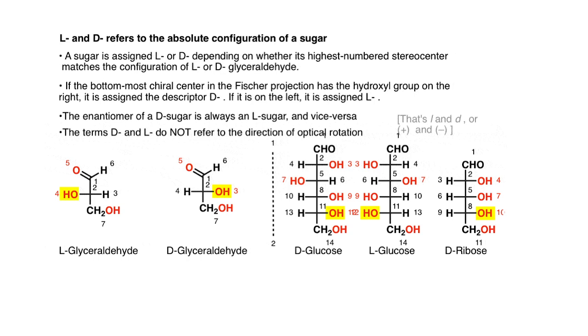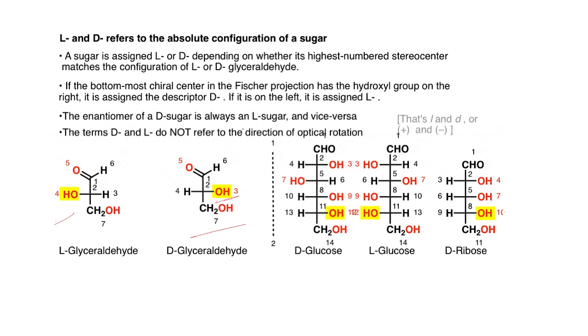Okay. If the bottom-most chiral center in the Fischer projection has the hydroxyl group on the right, it is assigned the descriptor D. If it is on the left, it is assigned L. The enantiomer of a D sugar is always an L sugar, and vice versa.